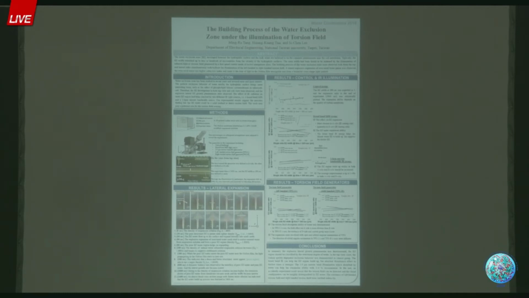Next, I want to introduce the behavior of EZ water from the side view. We can see the picture. When the Nafion membrane was inserted into the suspension solution, the EZ water developed very fast, and it flowed up to the top of the suspension solution.